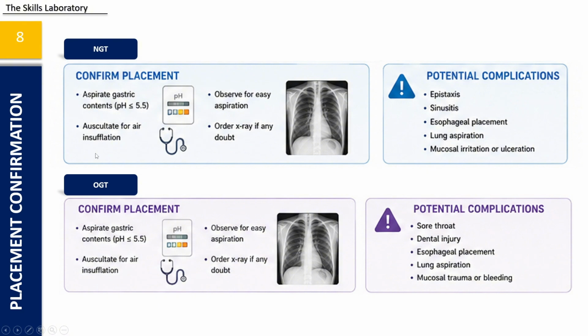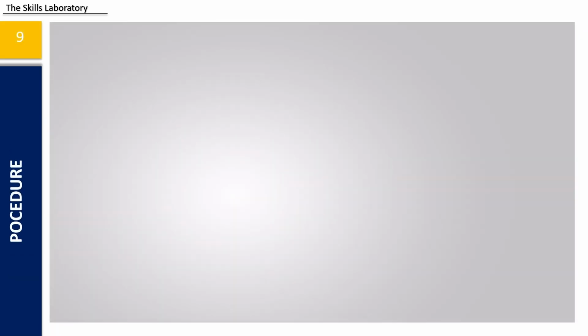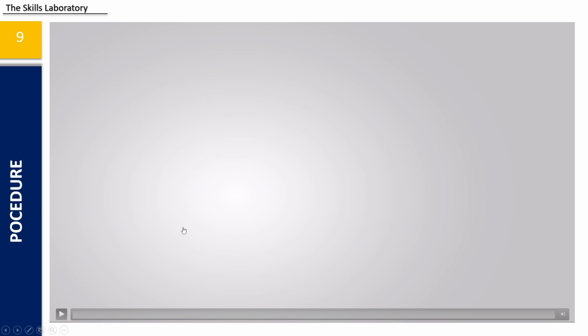Auscultation for insufflation is already okay for the confirmation of the placement. Okay. So basically, those are the very important things that you have to learn on your NGT insertion. So please watch this video first.